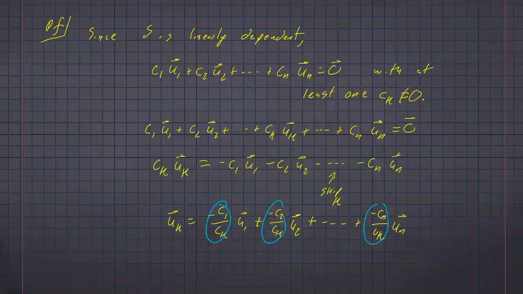These are all constants, so this is a linear combination of all of the remaining vectors. There we have it.